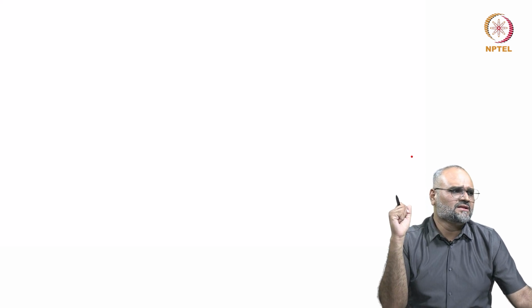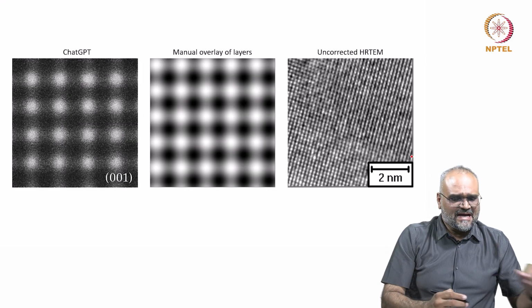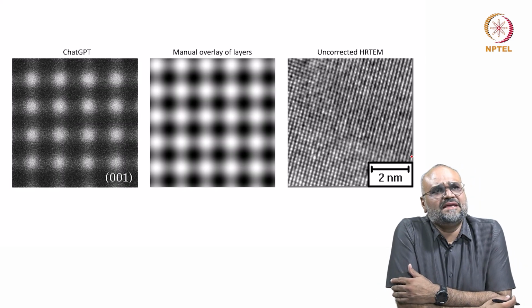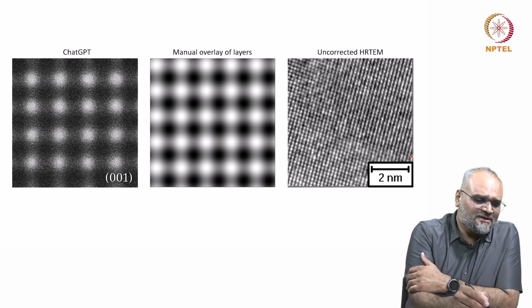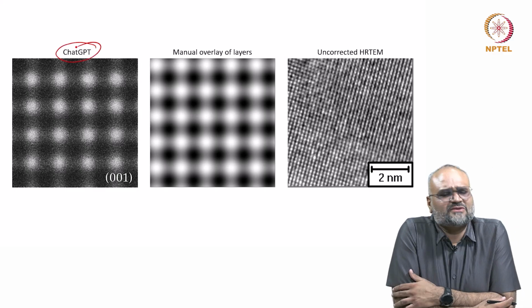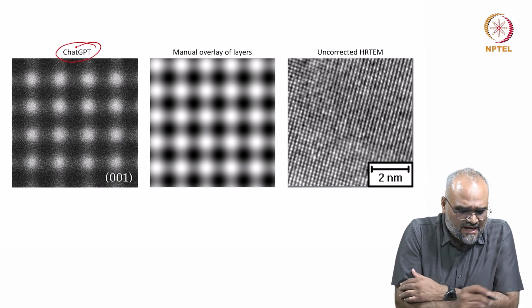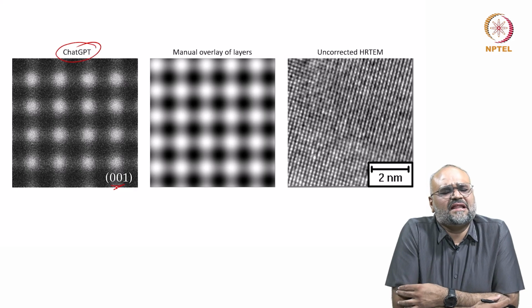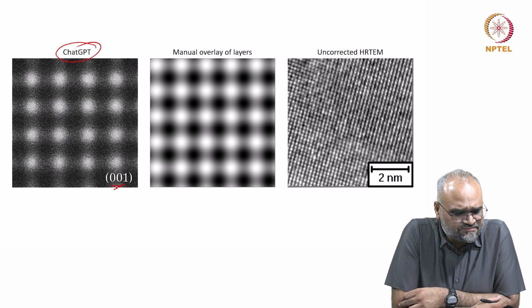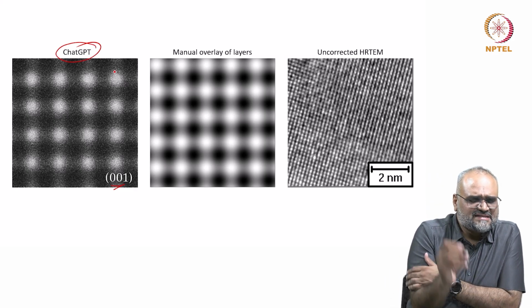If I want to simulate an image of a face-centered cubic structure, for example, I did this thought experiment with the help of ChatGPT. Let us say I want to get how the impulse response function of ChatGPT looks like when I want to visualize aluminum atoms projected along the 001 zone axis. I get some image like this.